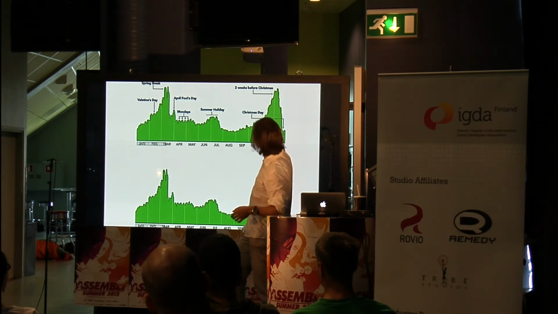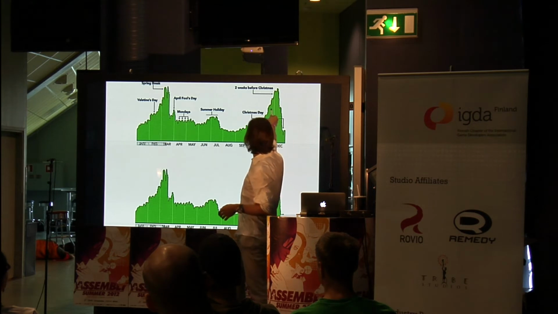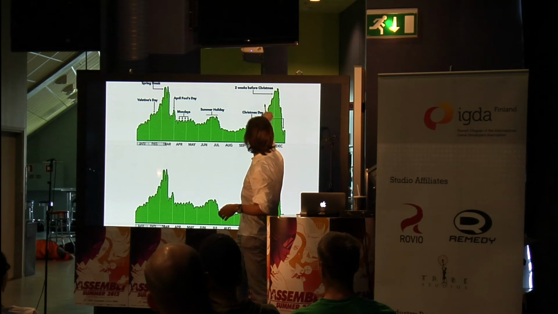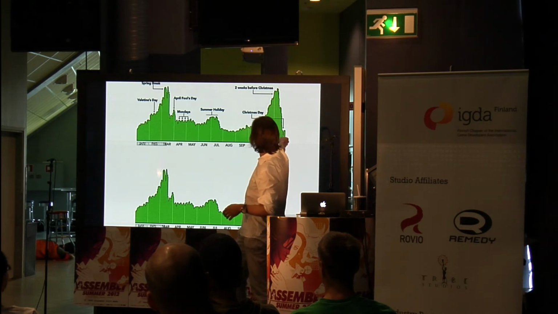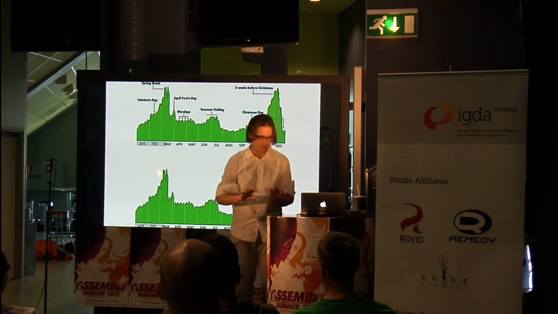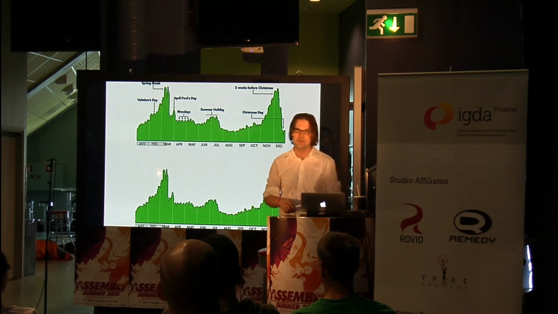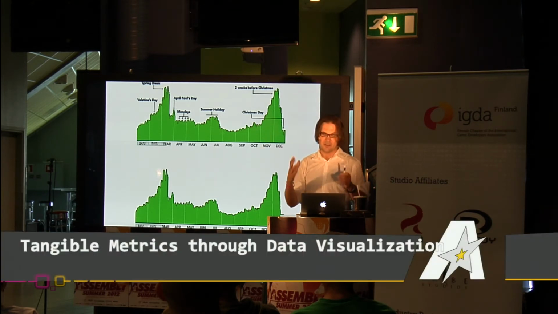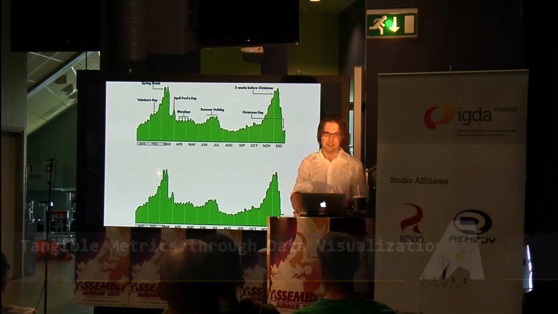I think the highest peak in Facebook breakups is 2 weeks before Christmas. Then Christmas Day is apparently the lowest number of breakups in the year. So only after having the context does the data start to make some meaning.